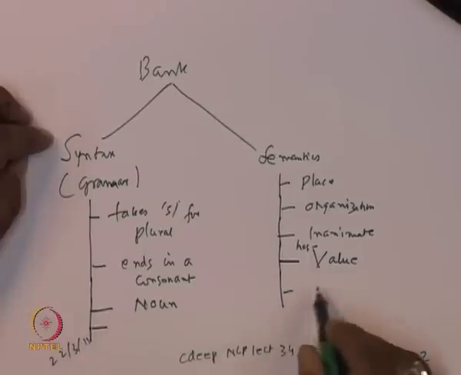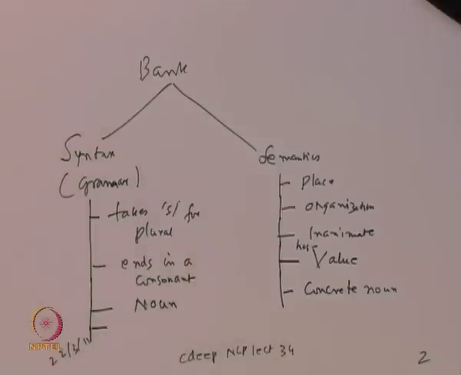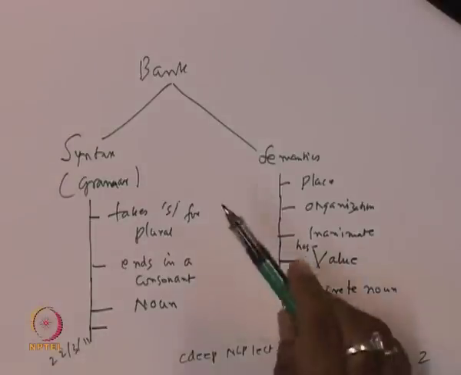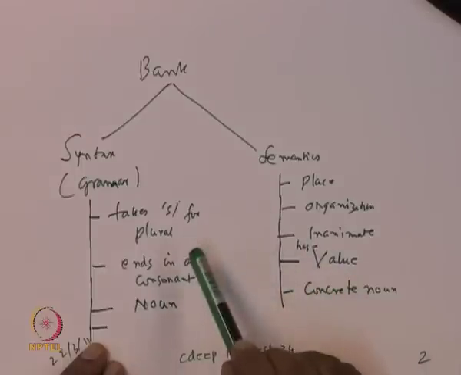Under semantics, you can say concrete noun, and so on. So, these are the features which are used for constructing the feature vector.